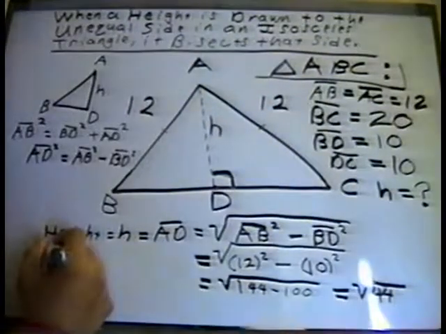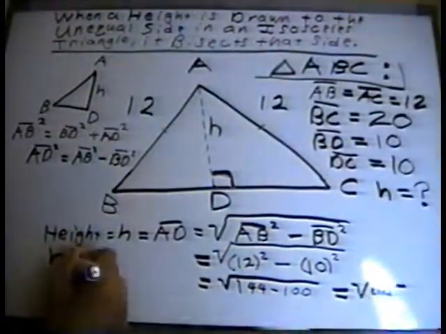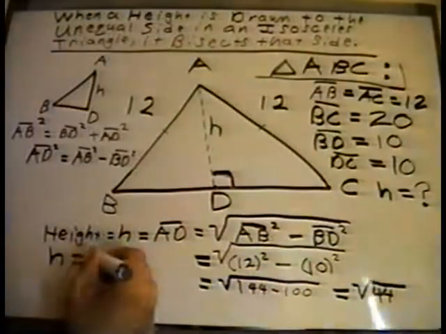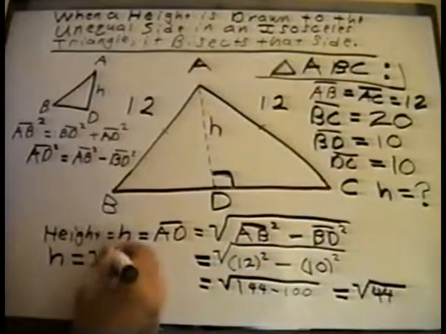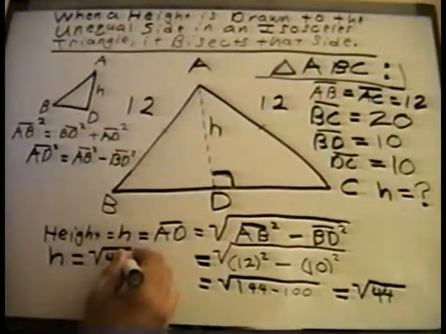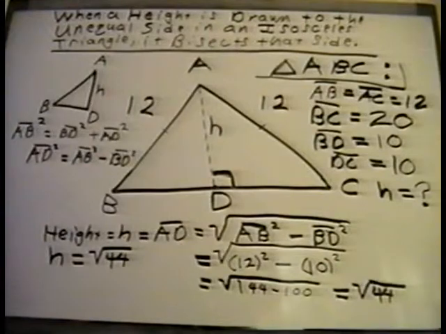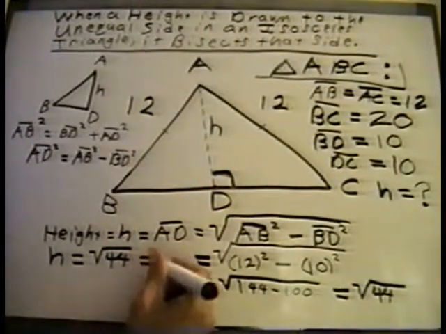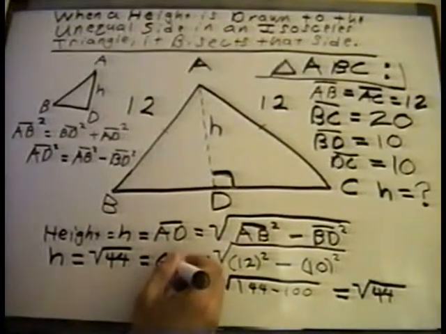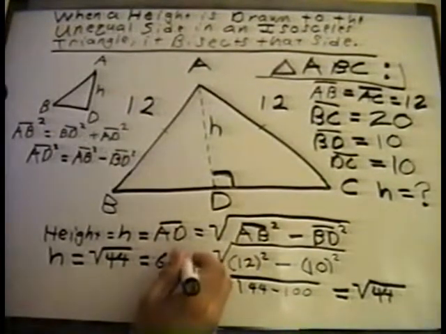Now we have a value for our height being the square root of 44. If you calculate that on a calculator, you get 6.63.